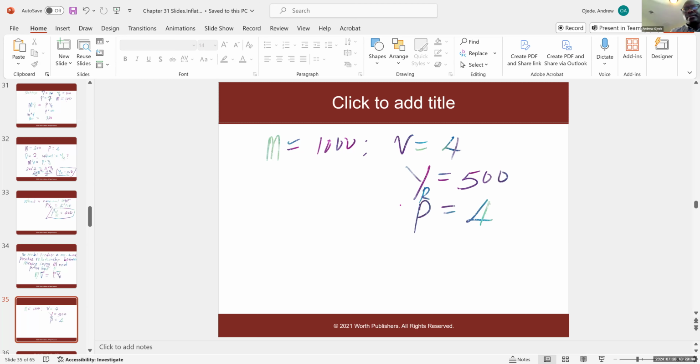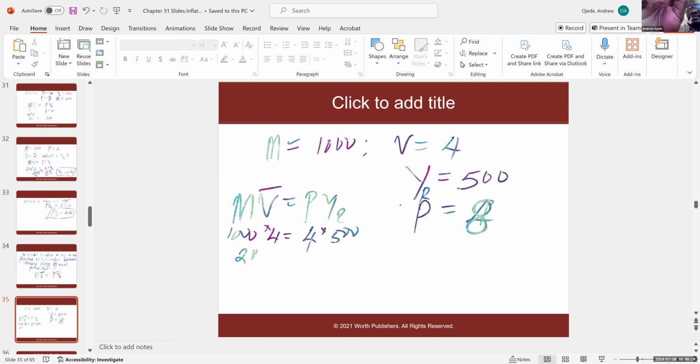So M V equals P Y_R. M is 1,000 times V, which is 4, must equal P, which is 4, times 500. So you can see 4,000 on the left and 2,000 on the right. Oh no, this one's not going to balance. That was a poor selection of numbers. Let's make P be 8. Yes, P is 8. That works. So you see that 4,000 equals 4,000.